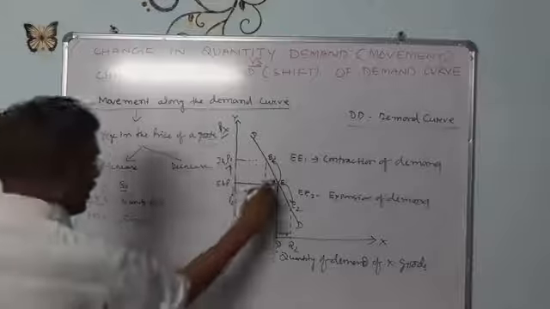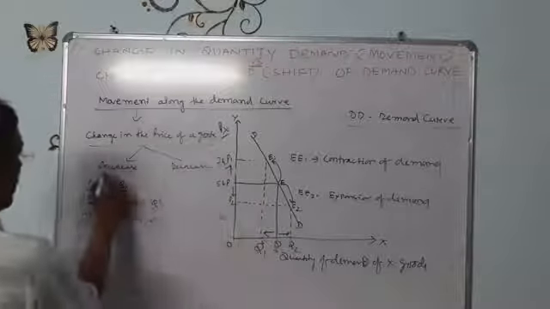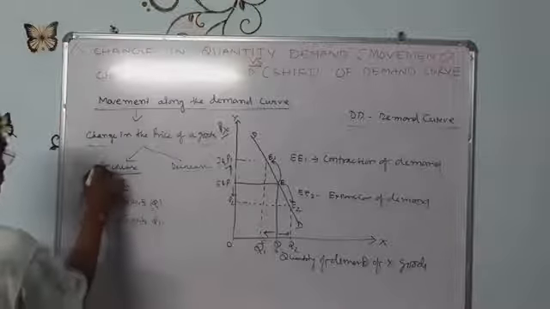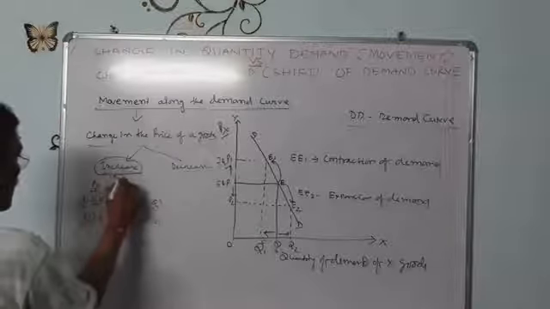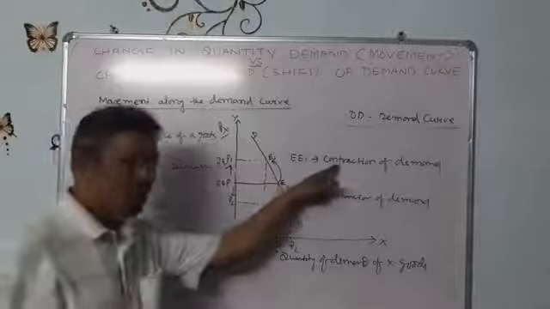In the movement from E to E1 the quantity reduces. That is caused by the increase in price. This is called contraction of demand.